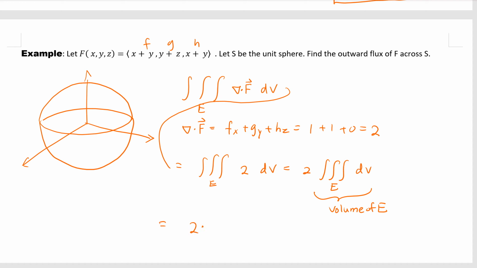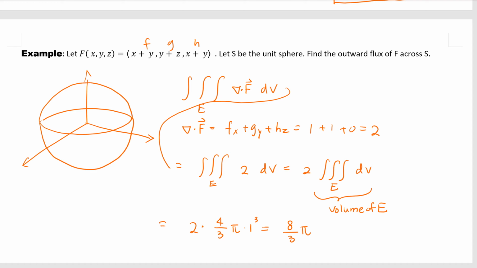What's the volume of a ball? That is 4/3 pi r squared, but sorry, pi r cubed. But r is 1, right? So the answer is 8/3 pi. Isn't it very easy?